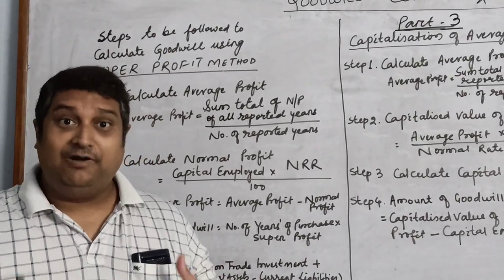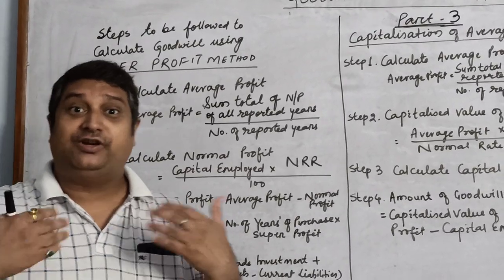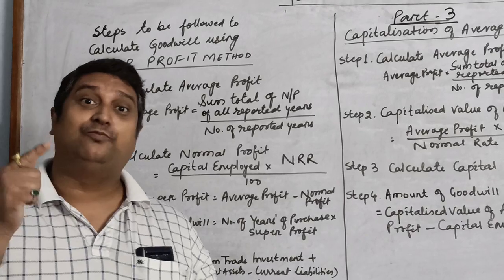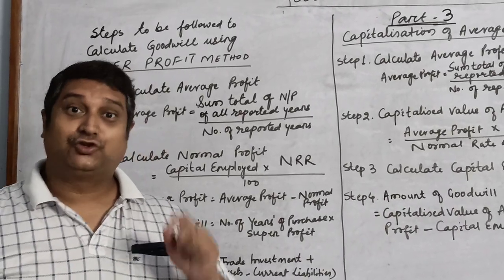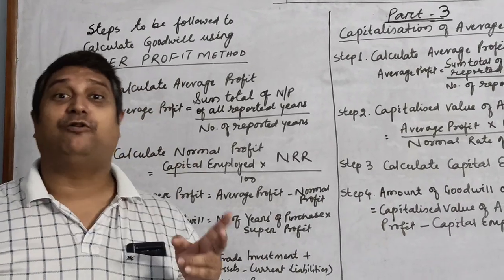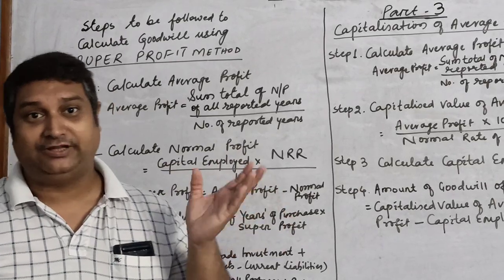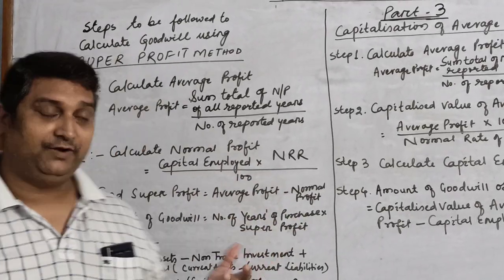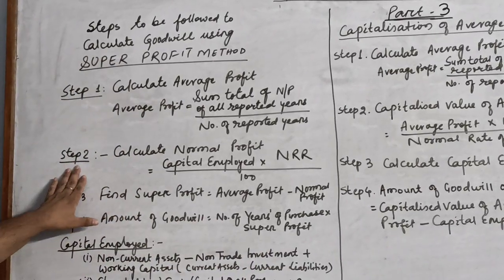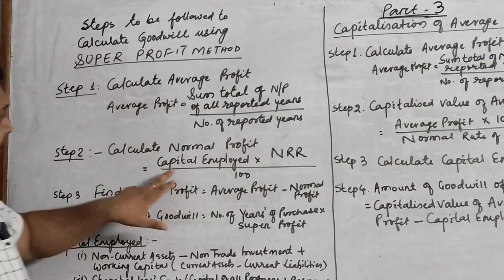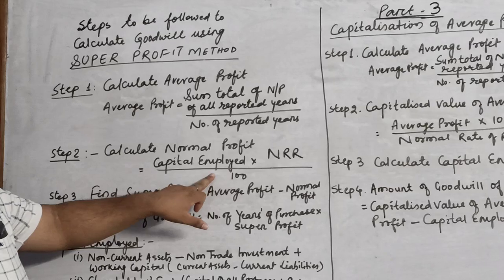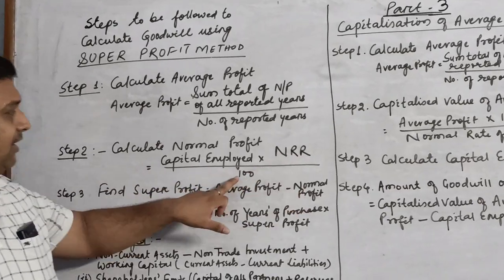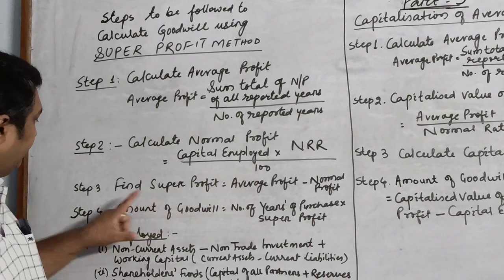But when there is an organization with efficient management, that organization will be able to make extra profit. The difference, the excess profit or the extra profit, is referred to as the super profit. So here is your second step: to calculate normal profit, the formula is capital employed into normal rate of return divided by 100.